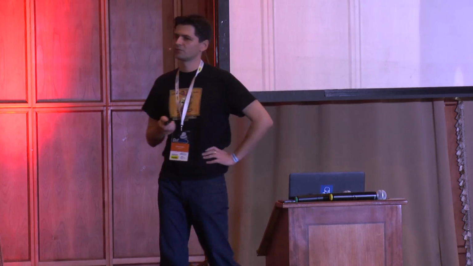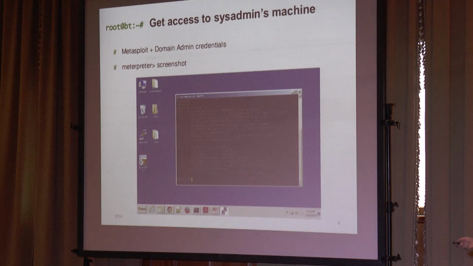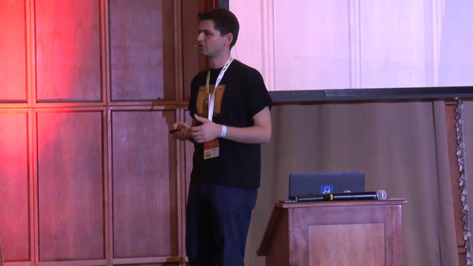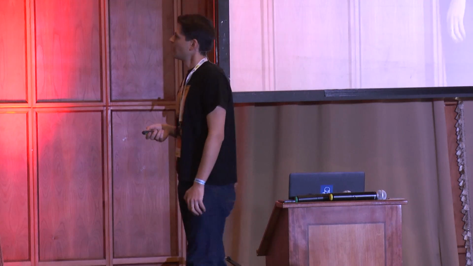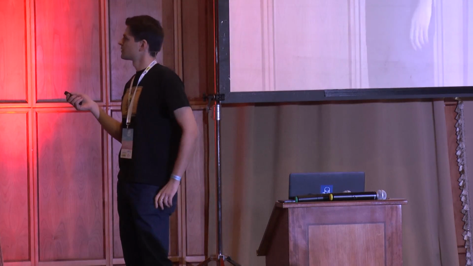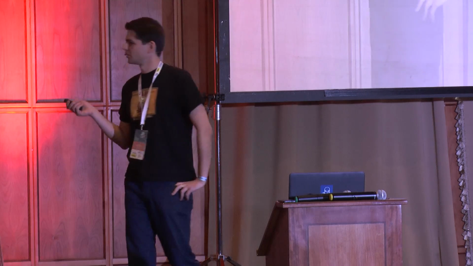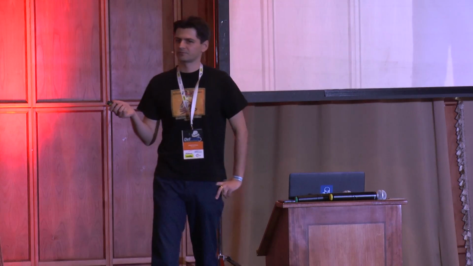You probably know that with Metasploit, you gain a Meterpreter shell, and you have the possibility to do ps, to see the list of processes, and you also can take a screenshot to see what the user is actually doing at that moment. And we saw that that system administrator had a PuTTY console open.